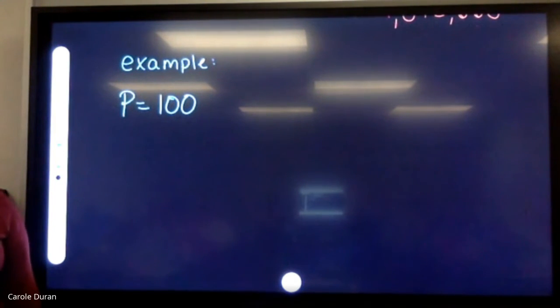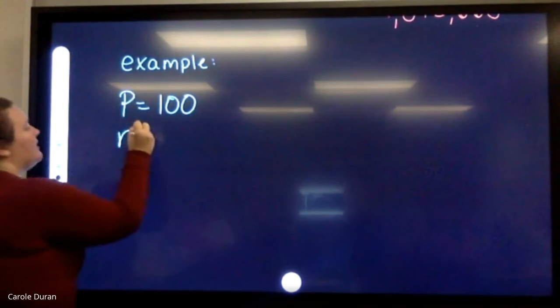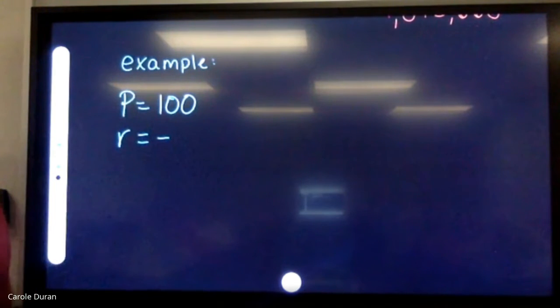Is my plutonium stash growing or getting smaller? Decaying, which indicates that my interest rate is going to be negative. Remember, whenever we decay on a continuously compounded problem, it's a negative r value.